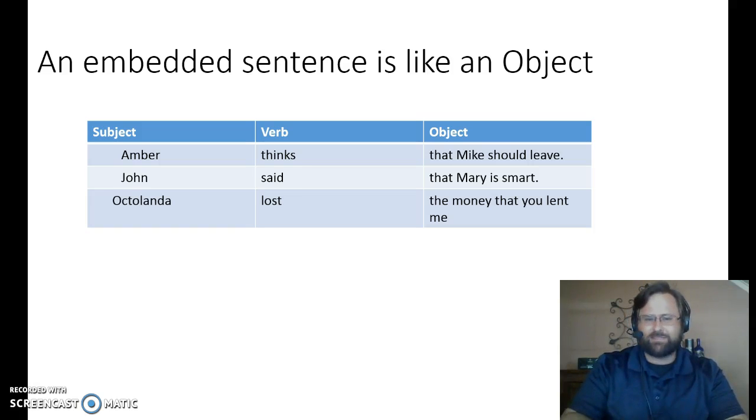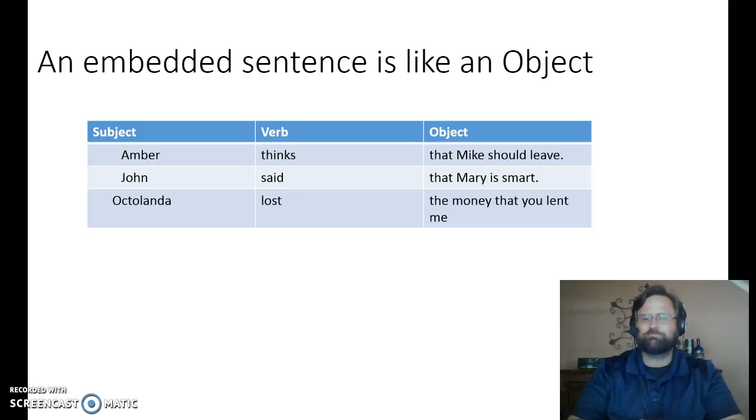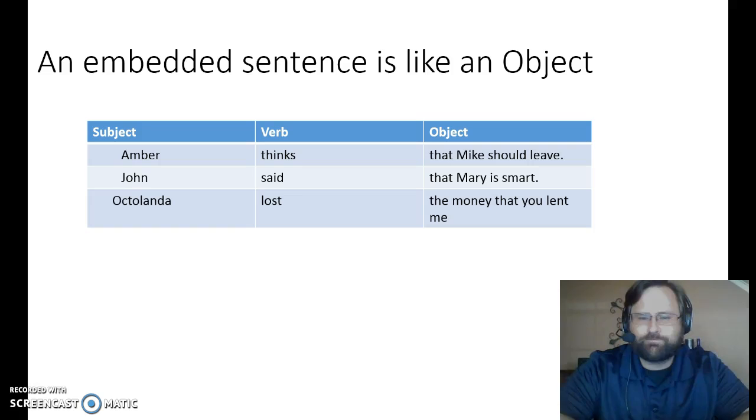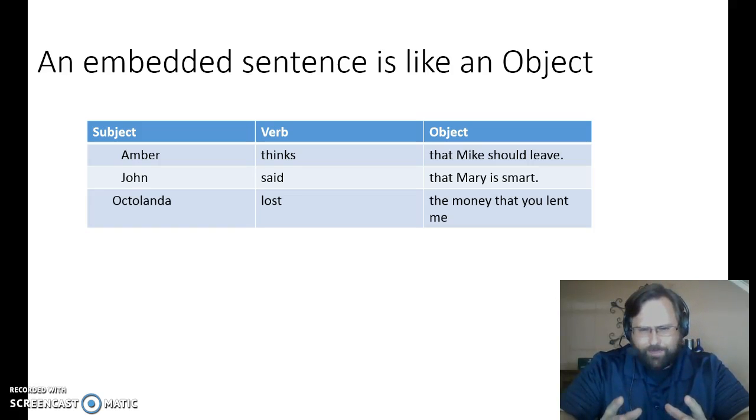in the second sentence, the last sentence affords a little bit less flexibility, and that is because the money that you lent me is a sentence itself that is going to become the topic of the sentence of what Octolanda lost.